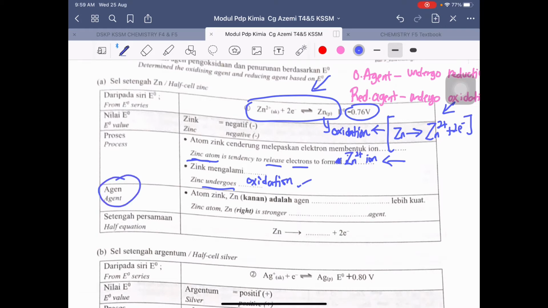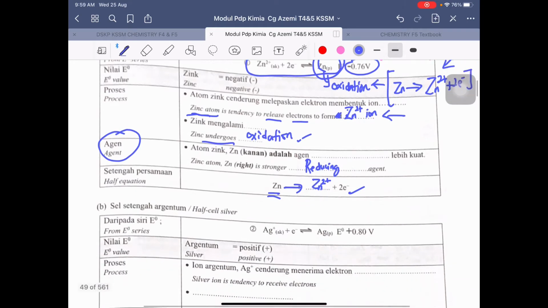What is its role? The zinc atom on the right side is a stronger reducing agent. Okay, reducing agent. So the half equation: Zn atom arrow Zn2+ ion, 2e- electrons, it donates.